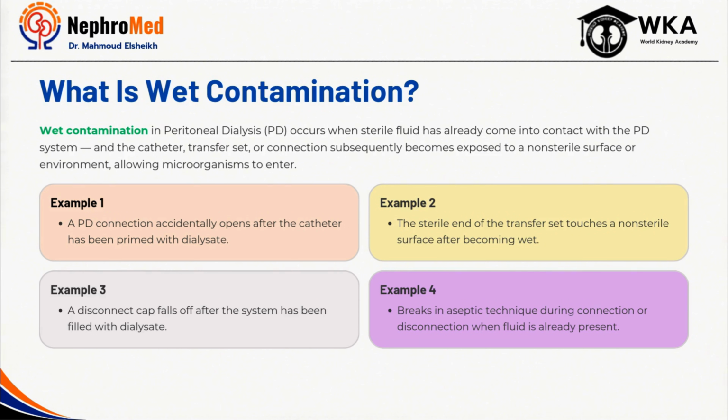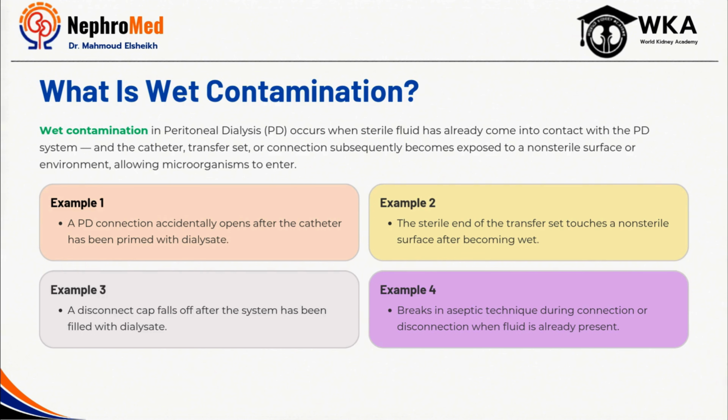Even though the contact lasts only a second, the fluid creates a potential route for microorganisms. Third, suppose the disconnect cap accidentally falls off after the system has already been filled with dialysate. Again, the protective barrier is lost while a continuous fluid pathway already exists. And finally, any break in aseptic technique during connection or disconnection, once the fluid is already present in the system, should immediately raise your concern for wet contamination.